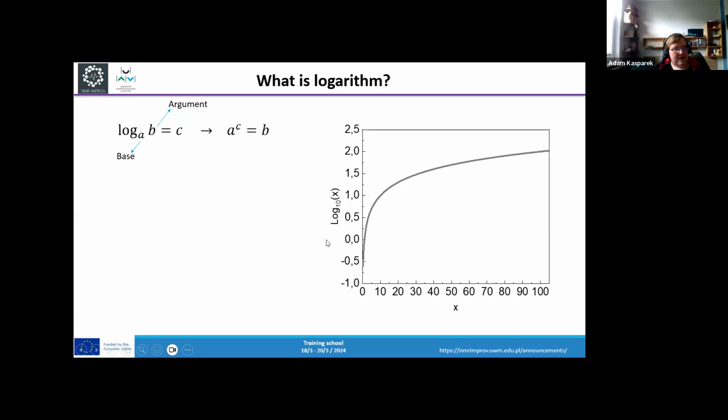And here we have logarithm of 10, because usually there are 2 types of logarithms that interest us. One is the natural logarithm, the base of which we'll be talking about shortly. And second is usually the logarithm of 10. So these are our 2 basic logarithms.